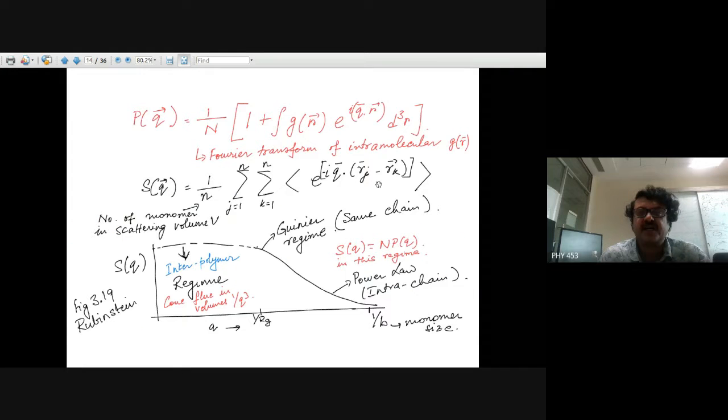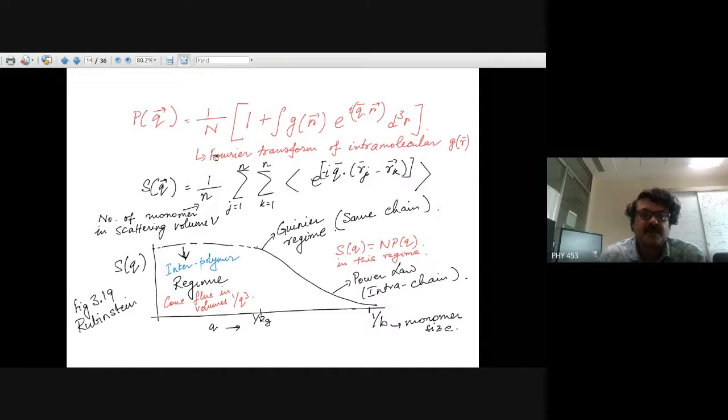This can be recast as 1 plus the Fourier transform of the pair correlation function. This is a quantity which you can directly measure, and if you have that, you can take the inverse Fourier transform of this quantity and get back g of r.